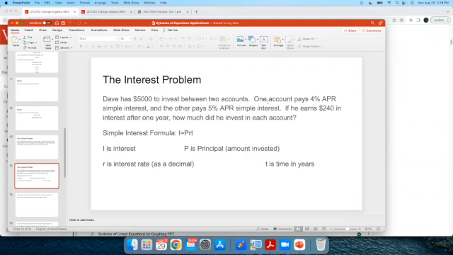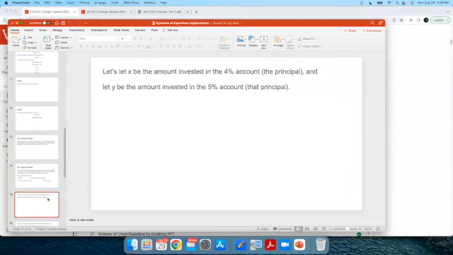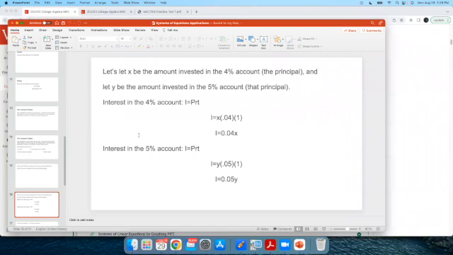So maybe 3,000 in this account and the other 2,000 in this account, something like that. Then how much interest did he earn in each one? Interest is your rate times your principal. So in the 4% account, he earned 4% of the amount he put in there, 4% of X. And in the other one, 5% of Y.